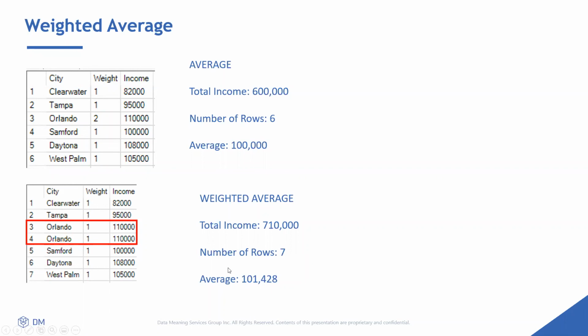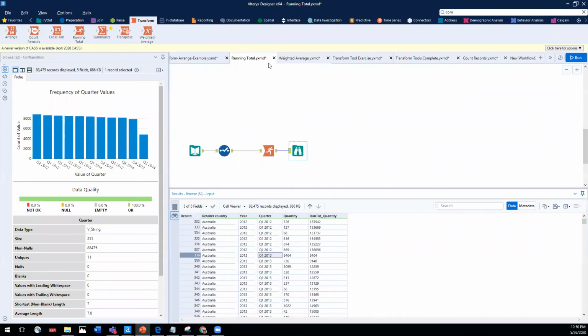So if I summed up those values, it would go from 600,000 to 710,000, and now my number of rows is 7. When I did my weighted average, I would end up with 101,428, which is a different number than my 100,000 average. So weighted average is specifically used when you want to count some of your rows as being more valuable than other rows. If I flip out of here real quick, I'll show you the weighted average.